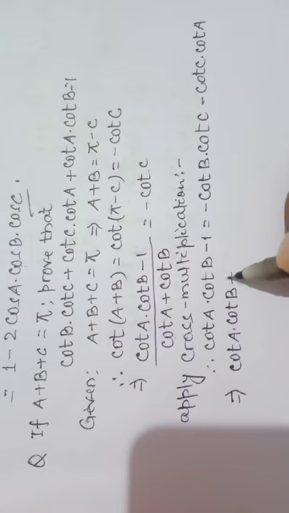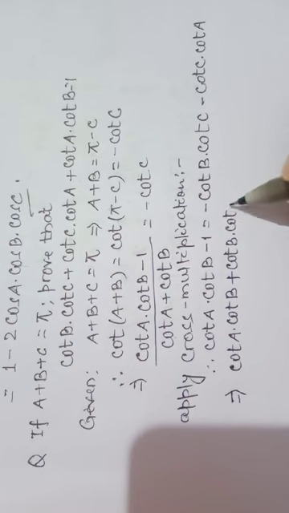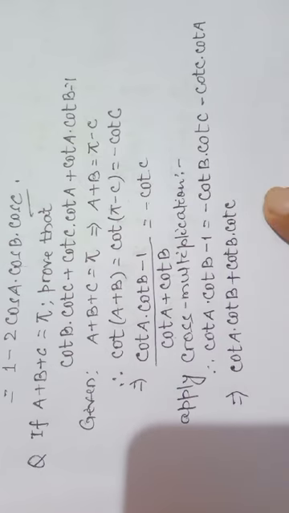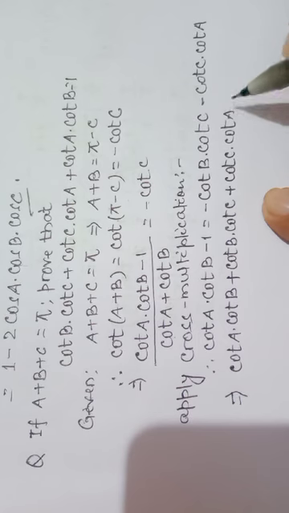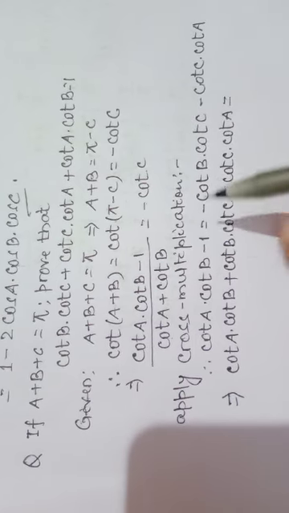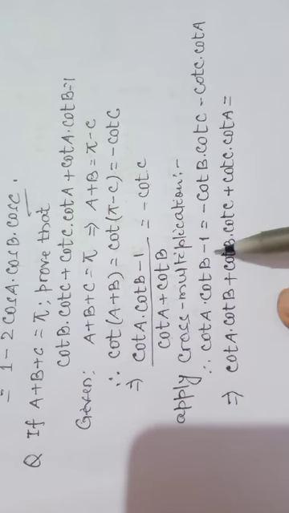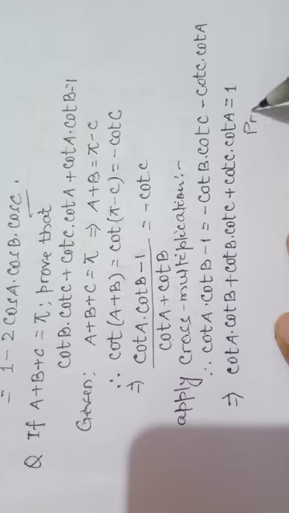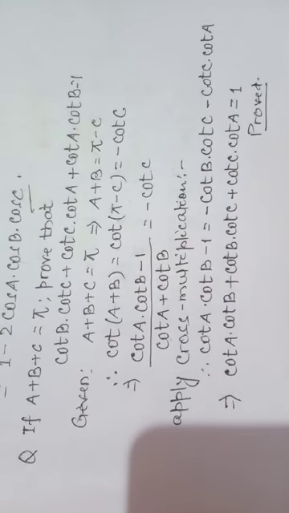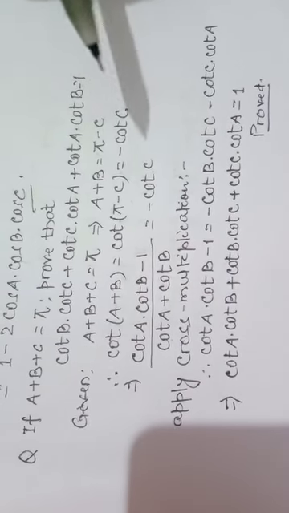So plus cot b into cot c, and this is again positive, plus cot c into cot a, and in the right side here this is 1, because it is negative, so on the right side it becomes positive. So this is 1, hence the result.